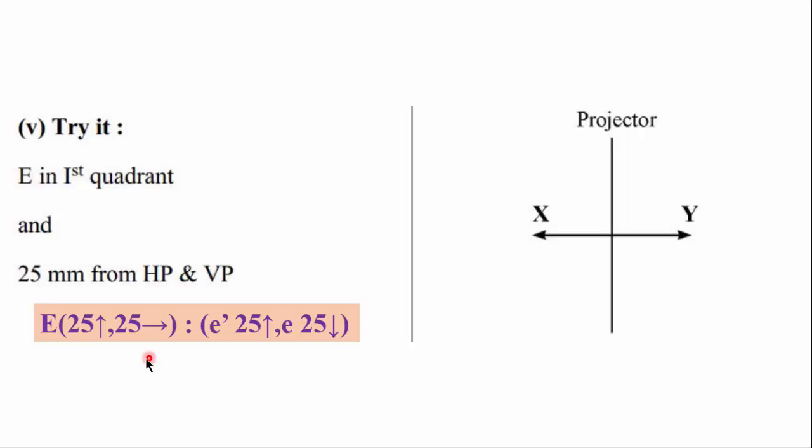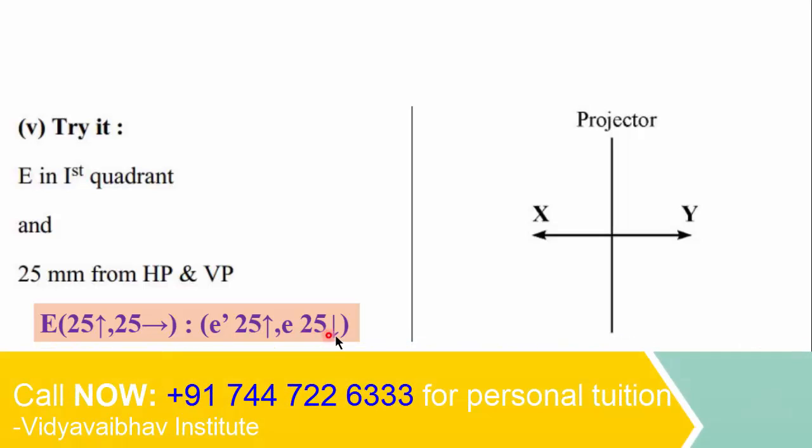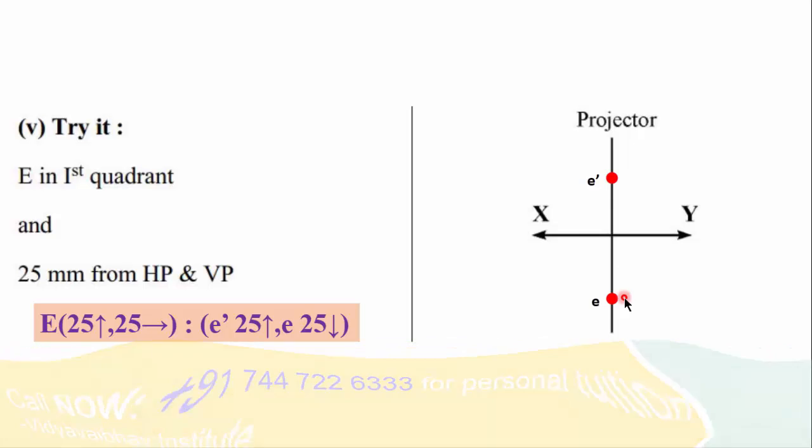Check it. Here 25 mm above HP and 25 mm in front of VP against E dash and plan 25 mm below, producing it E dash 25 mm above, E 25 mm below. Right?